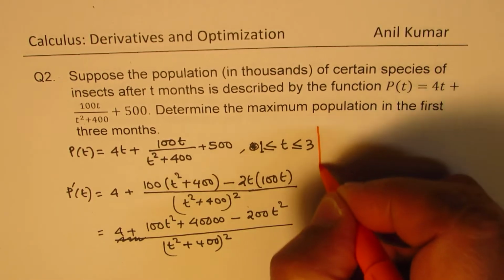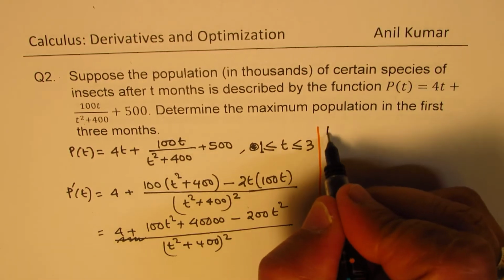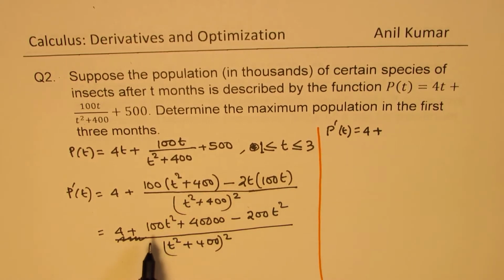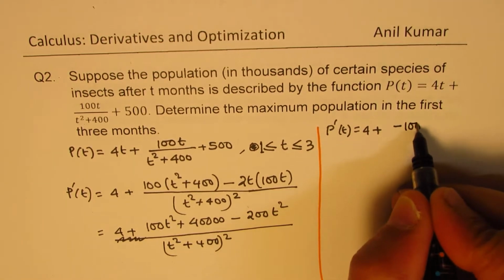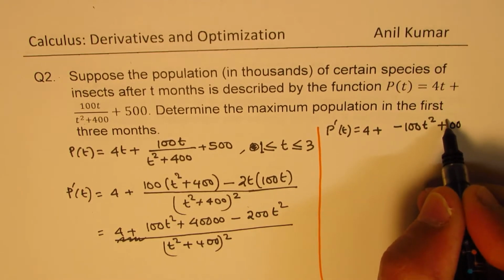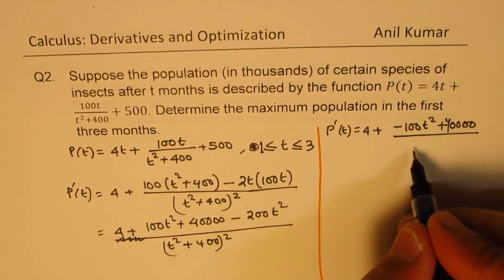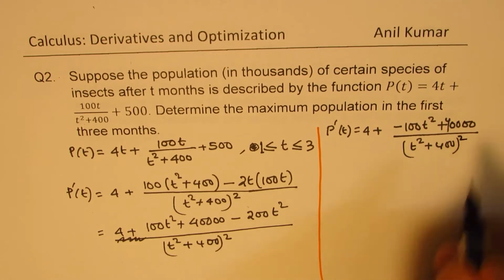So that gives us the derivative as 4 plus, now 100t square minus 200t square is minus 100t square plus 400 times 100, divided by t square plus 400 whole square.